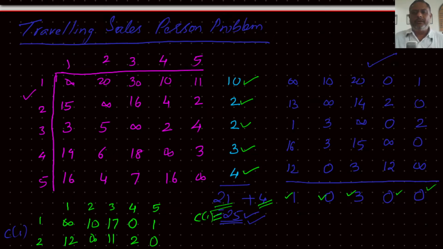In all, what we are trying to look at is, if you start from 1, we can go to 2, 3, 4, or 5.